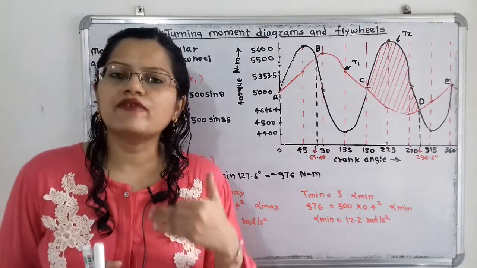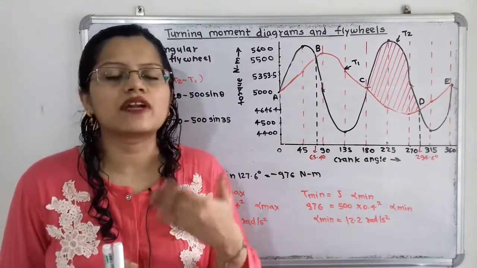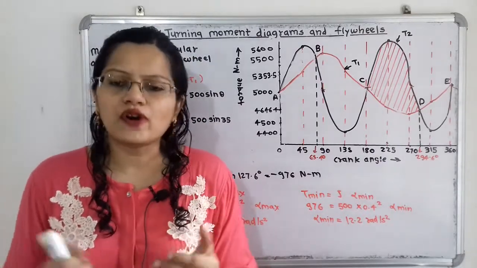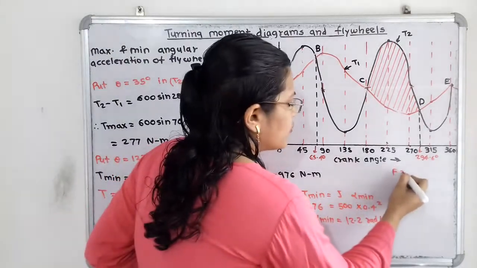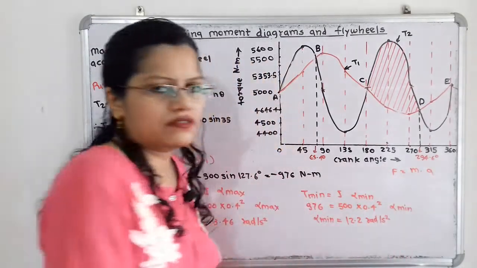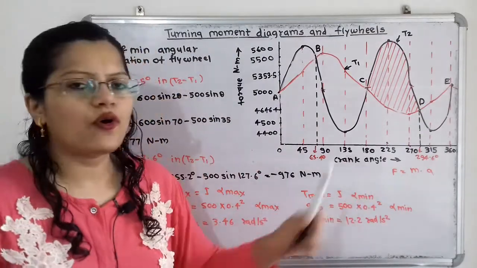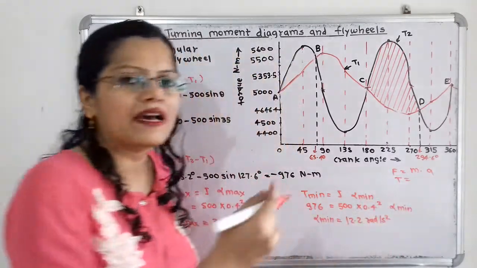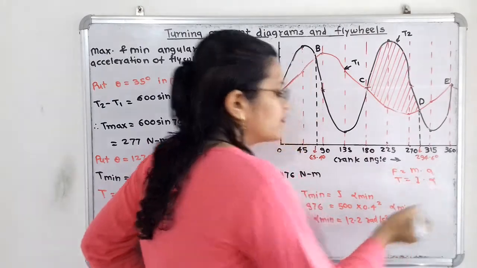Now we use this minimum torque and maximum torque to calculate the angular acceleration α. How to calculate? For linear motion we have the equation force is equal to mass into acceleration. For rotational motion, instead of force we take torque, instead of mass we take mass moment of inertia I, and for acceleration we take α.